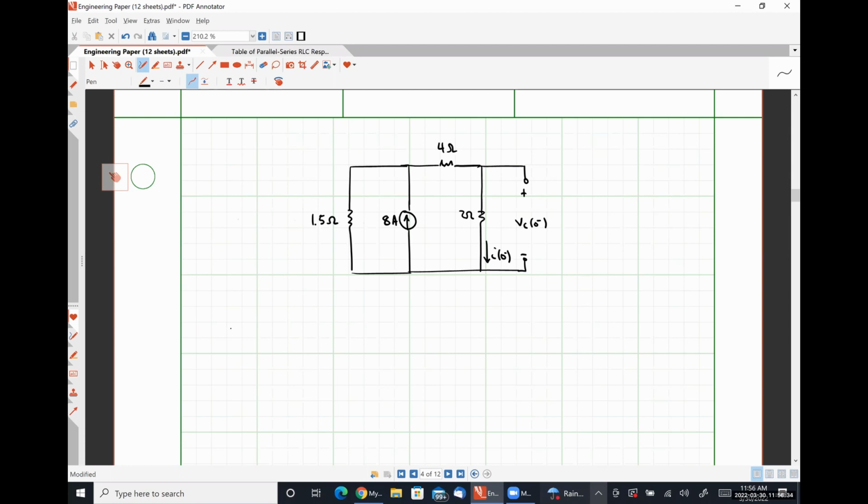So that means that I at 0 minus is going to be 8 amps multiplied by 1 over 4 ohms plus 2 ohms divided by 1 over 1.5 ohms plus 1 over 4 ohms plus 2 ohms. I'm explicitly writing everything out for those of you who it's been a minute since you had to do current division.